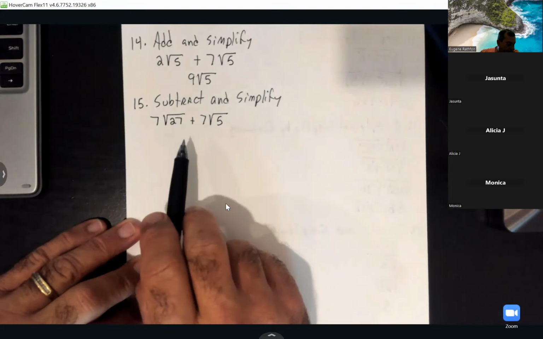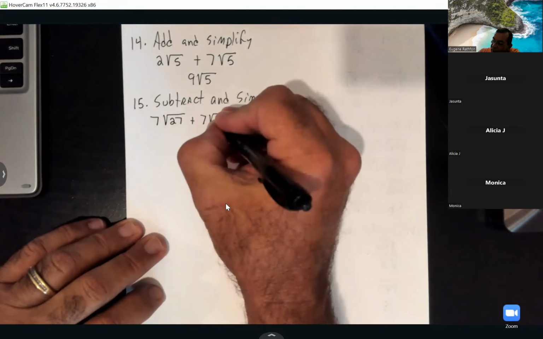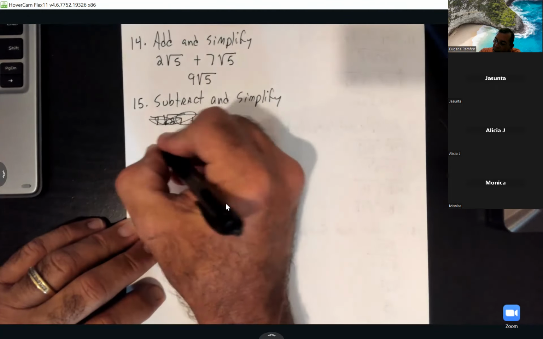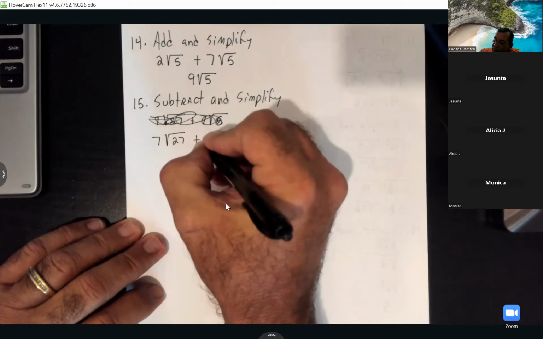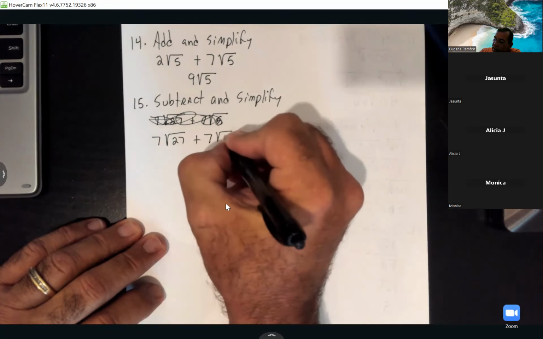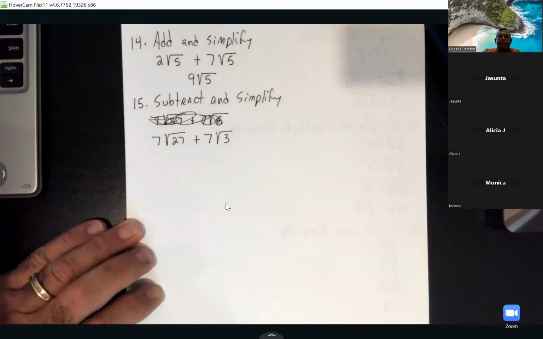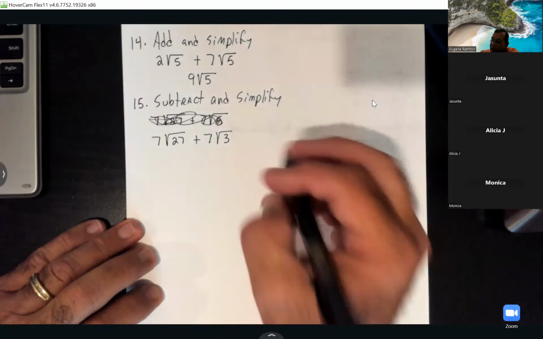As it looks, whoops, hang on, that's a 3 right here. So y'all, let me change this. 7 square root of 27 plus a 7 square root of 3. All right, so make sure you change that.